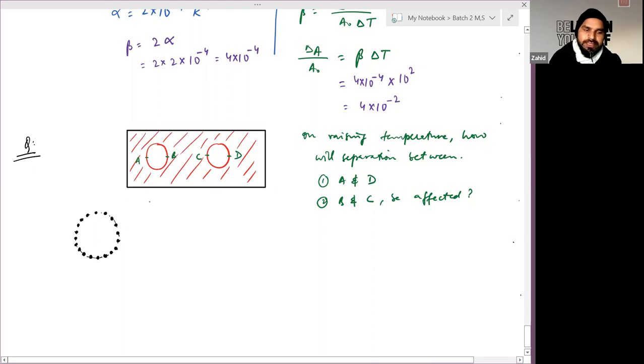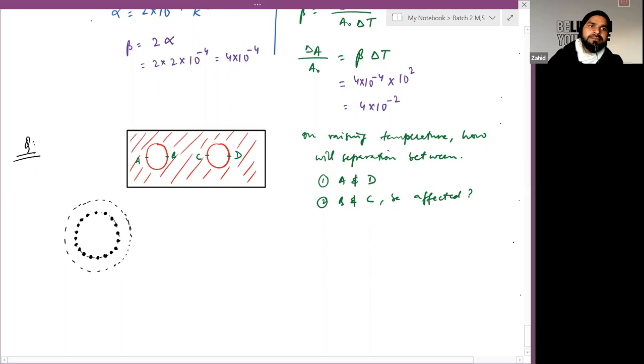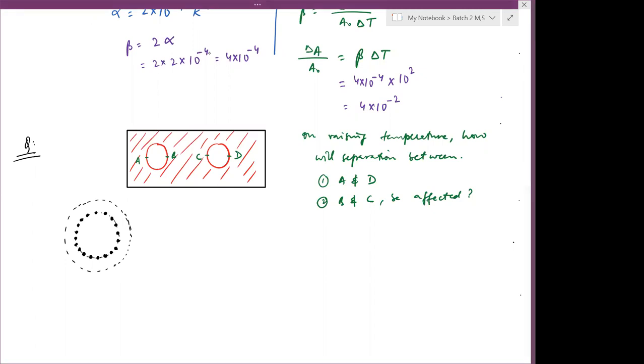So separation between particles increases. So will it expand or contract on heating? You will say, since separation between particles increases, it will tend to expand. So it may acquire this type of configuration. Is it clear? Samaira? Yes, sir.